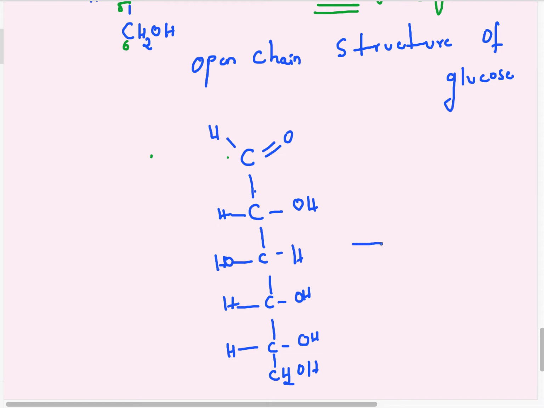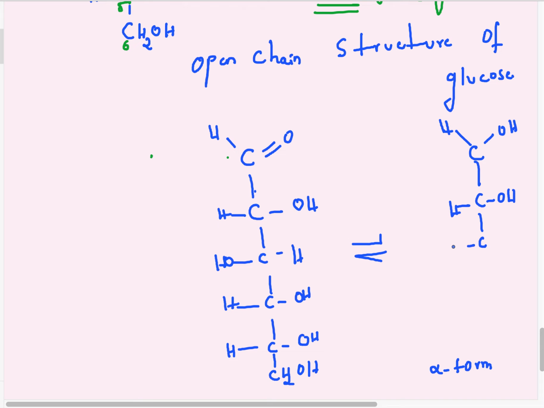Now, this is converting into the alpha form. What is the alpha form? Yes, this is the OH group. Just now we have taken the OH group on the right hand side. Rest all same, just the connection.